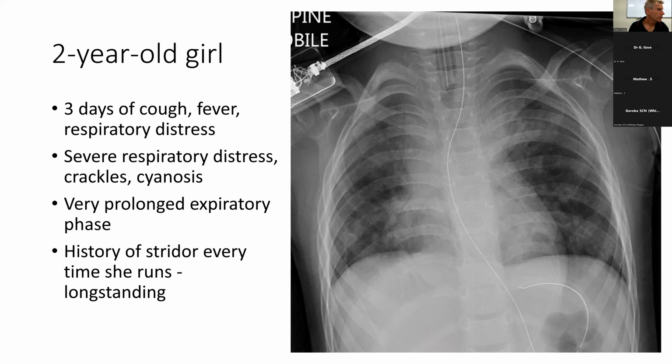But what would cause chronic laryngitis or chronic laryngeal problems? Good, laryngomalacia. Maybe the baby was born with laryngomalacia, and then this time, what could have happened? You've got to put a story together. So she could have laryngomalacia, then she gets a viral infection, and then it goes to her lungs.